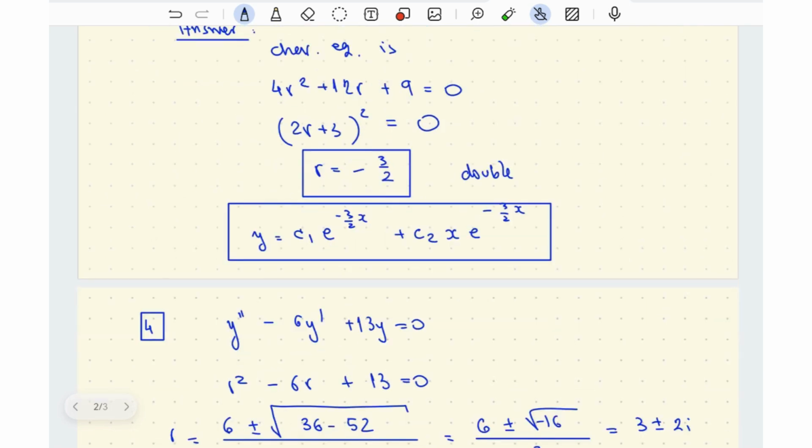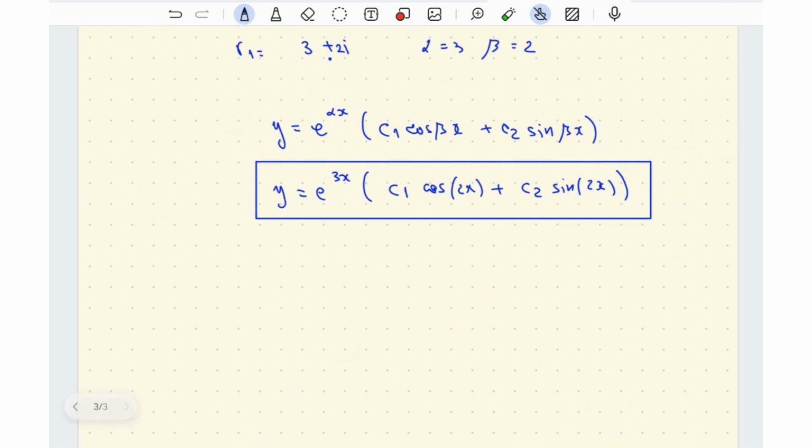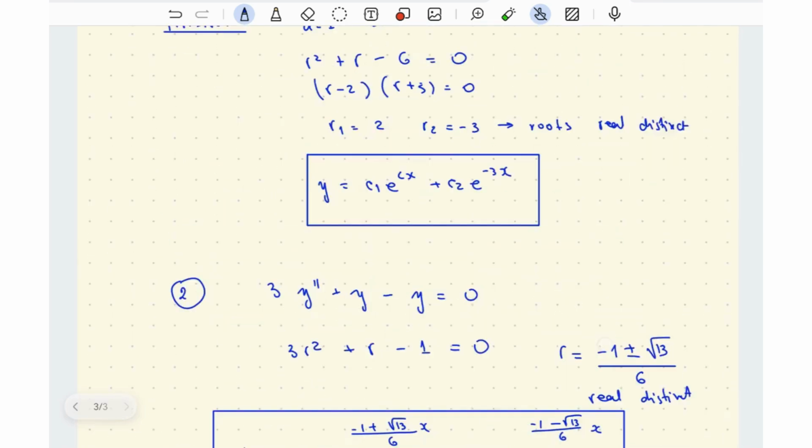So there is, of course, some knowledge of complex numbers. Now, since we are in calculus and this is a higher level course, we of course want to know why this table. So why exactly do we have these solutions?